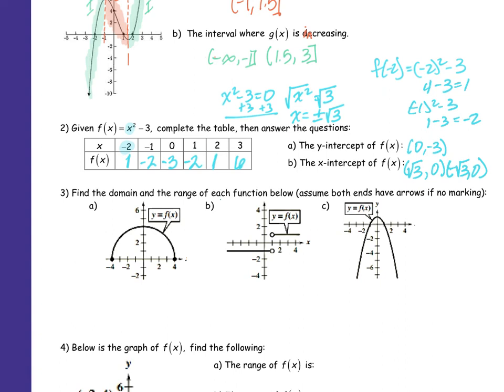These ones have points on the end. The first one does. So these ones have arrows. Okay. Go. Domain and range.